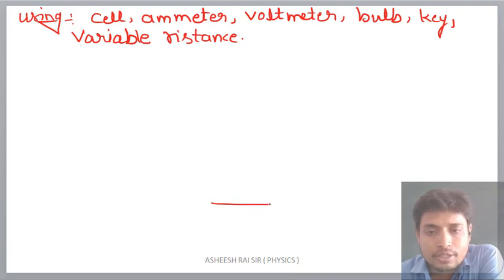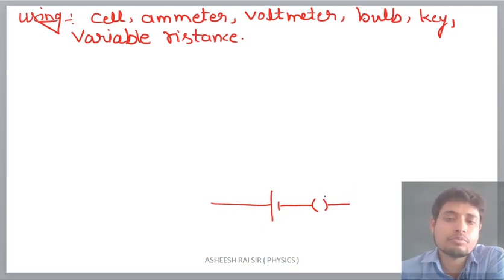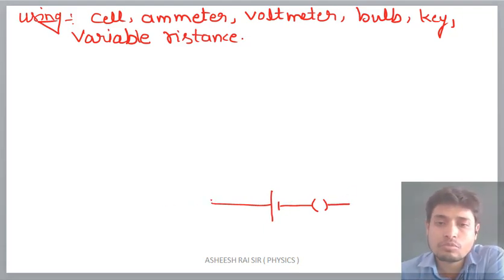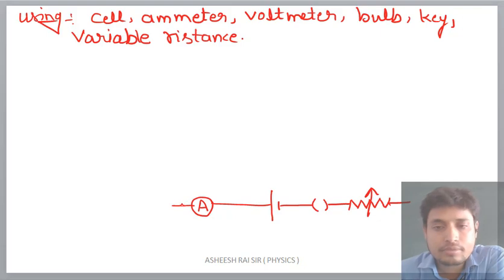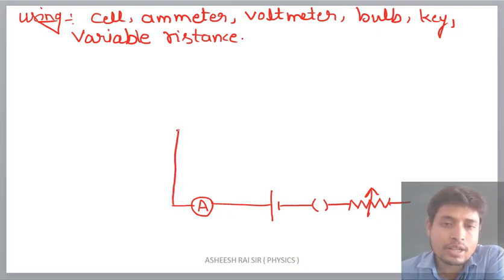Firstly, this is the cell and this is the key. We can connect the ammeter in series with the cell to measure the current, and after the key let us draw the variable resistance, and then it will go into the bulb.